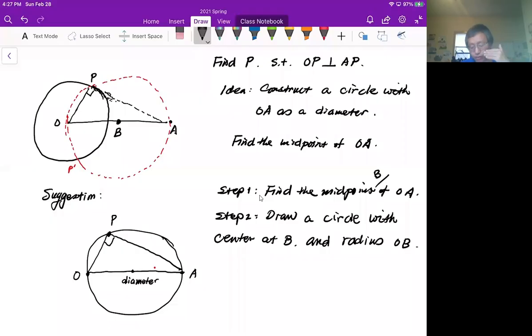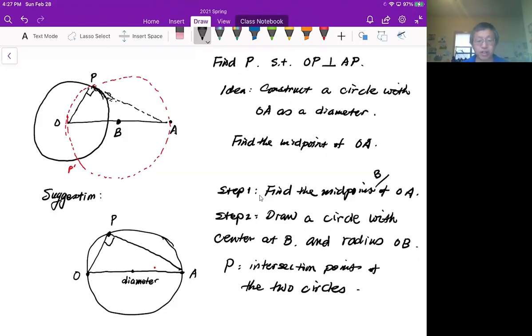So I draw with B at the center and OB as the radius, and then I can draw a circle with OA as the diameter. Suppose this intersects at P, and then we are done. So P is the intersection point of the two circles, and then we are done.